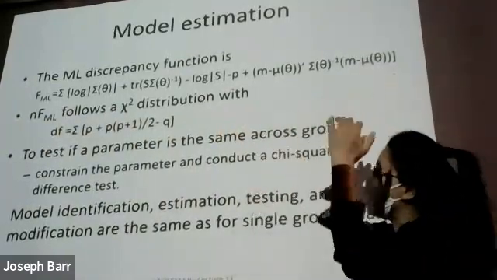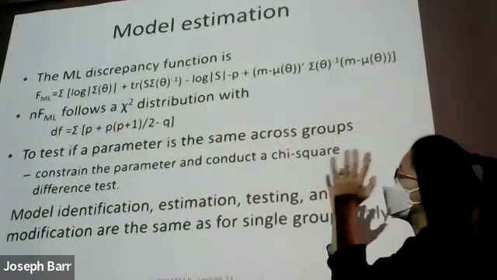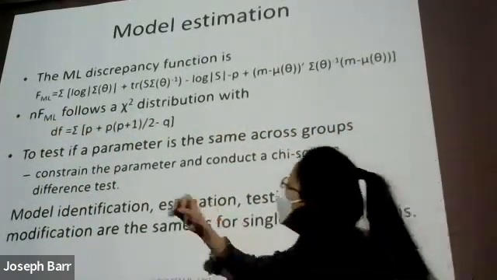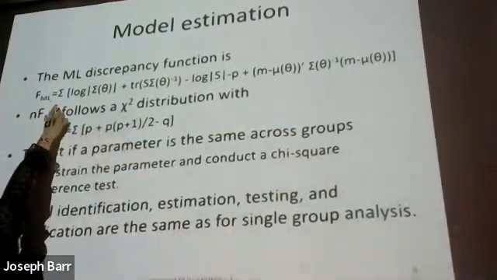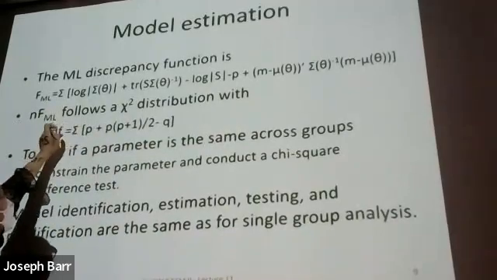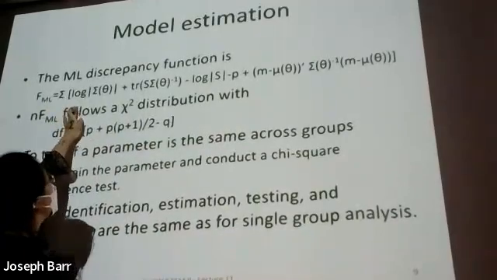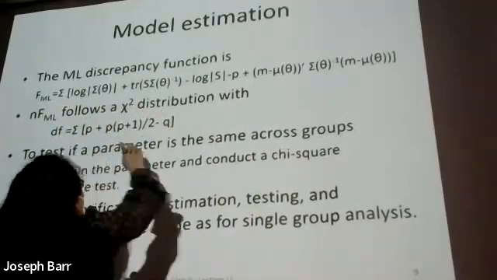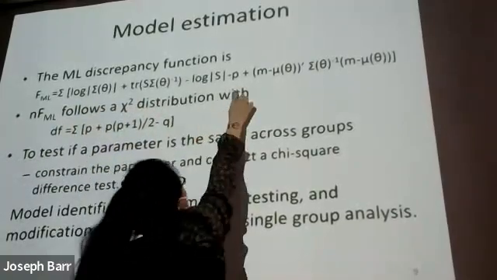Inside the brackets, it's each group's FML. And then for multiple groups, I just use the capital sigma to show it's a sum. So within the sum, let's look at the bracket. You should be familiar with this part. From here to here is the covariance part.